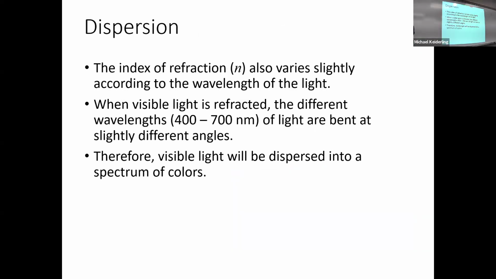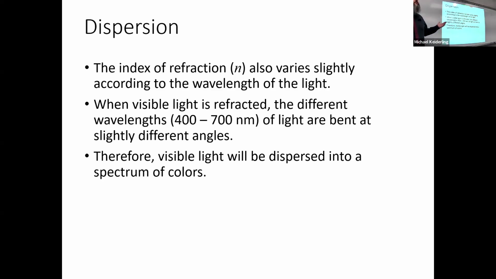Dispersion is the way you separate light out into individual wavelengths, because the index of refraction is not the same for all wavelengths. It varies slightly according to the wavelength of the light. So when visible light is refracted, the different wavelengths, from about 400 to 700 nanometers, are bent at slightly different angles. Therefore, you can disperse visible light into a spectrum of colors.